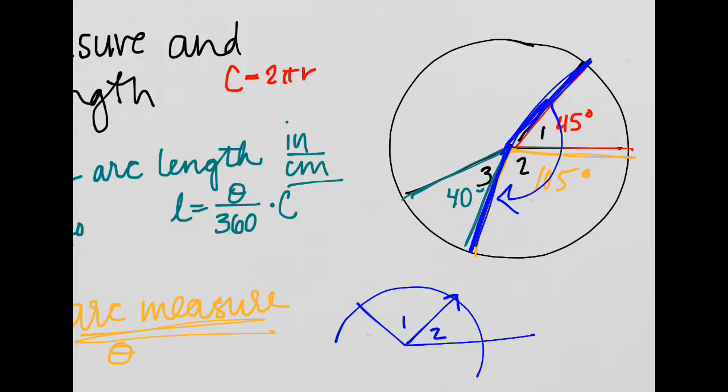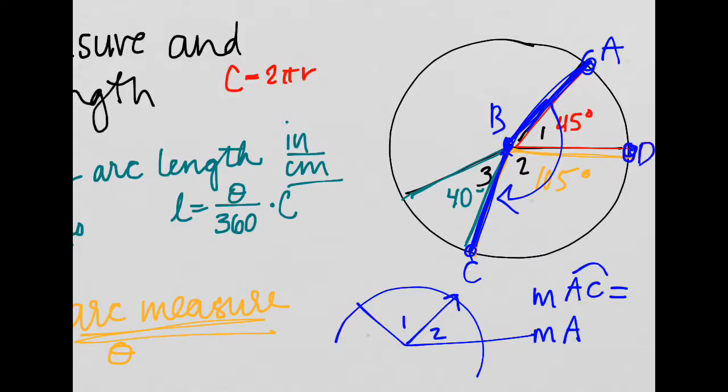So we should call this A, B, and C, so we can make a little more sense of this. The measure of arc AC, marked with that little hump on top, is equal to the measure of arc AD plus DC.